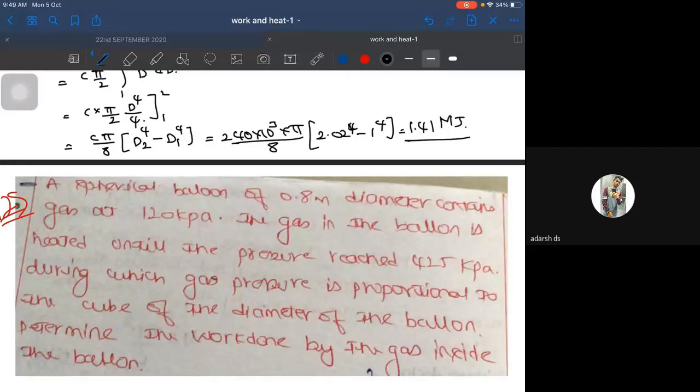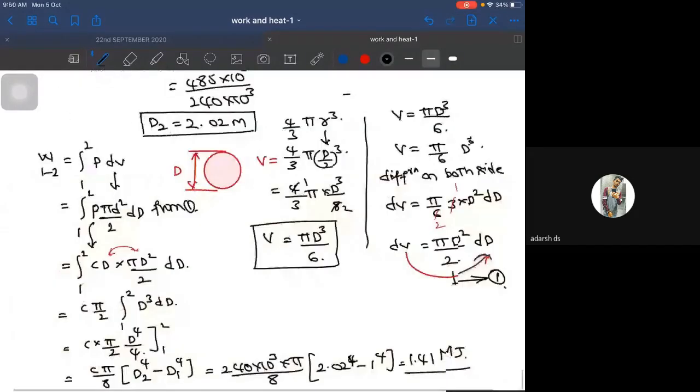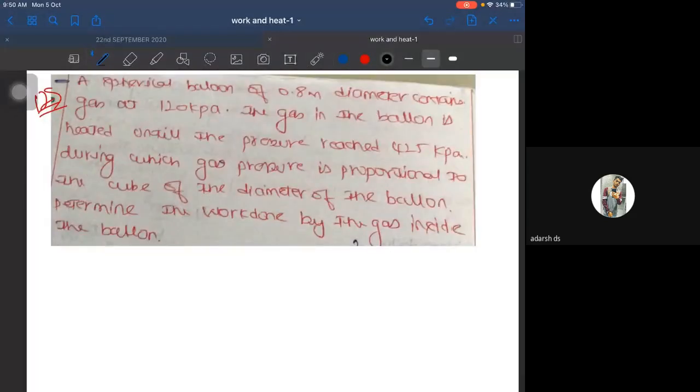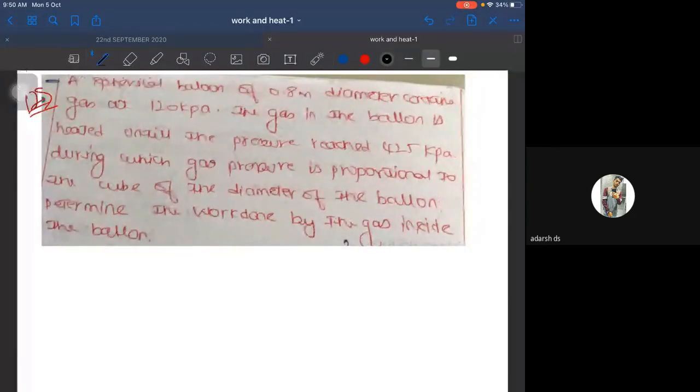So that's it for attendance. How many of you have got the answers for this? Is there any change when compared to the previous problem?